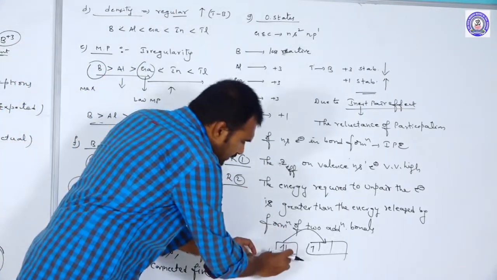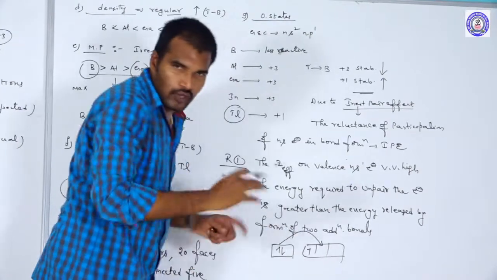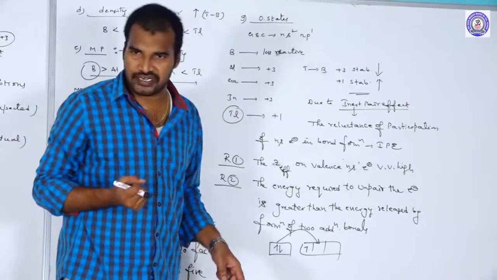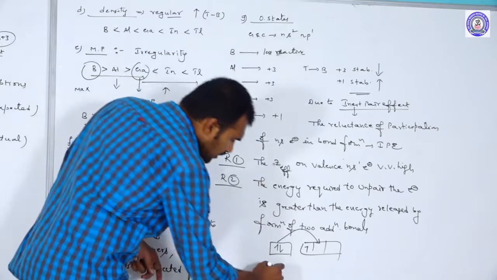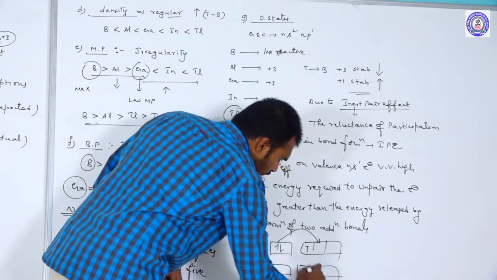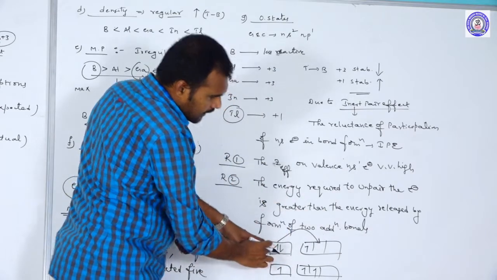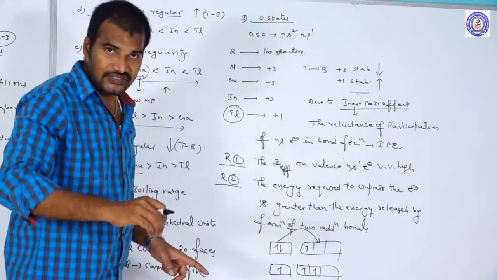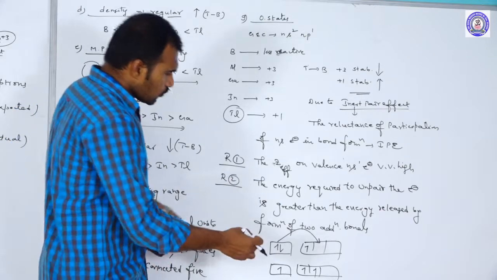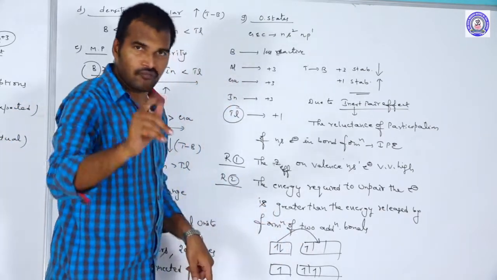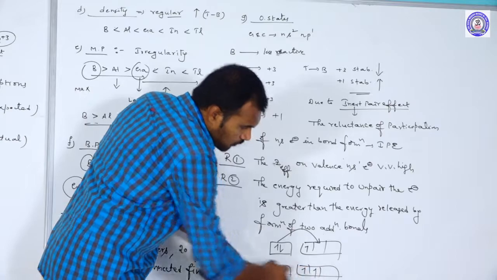To excite the electron from ns to np, they need some energy. So the energy required to excite the electron from ns to np is greater than the energy released. Here initially how many bonds are forming? One bond. But after the excitation, how many bonds are forming? Three bonds.